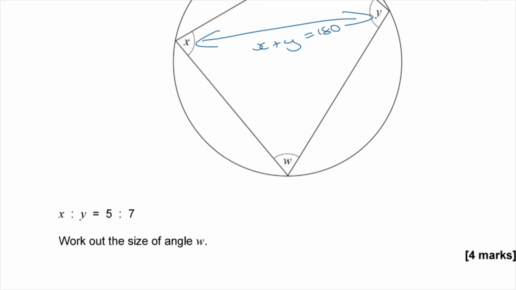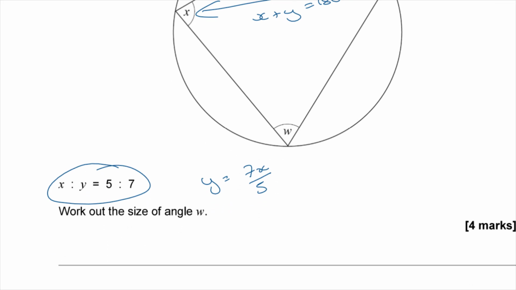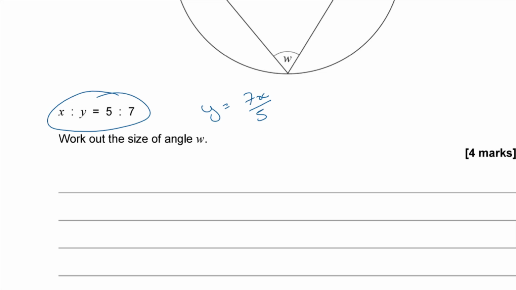And then down here, I can say that y equals, what? If I take x, I divide it by 5 and times it by 7, I'm going to get y. So y is 7x over 5. Now I can turn that into an equation like that. It's very similar to one we had earlier. I'm not sure why this paper is testing the same skill twice, but here we go.